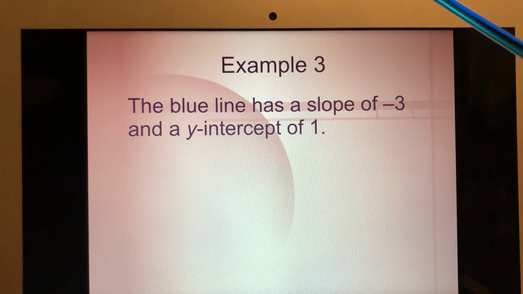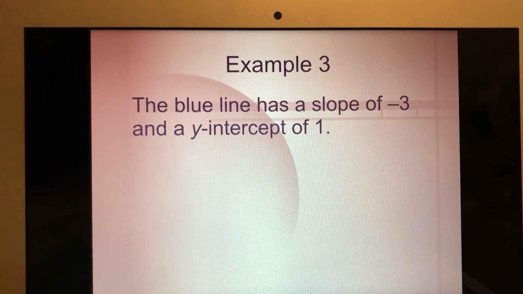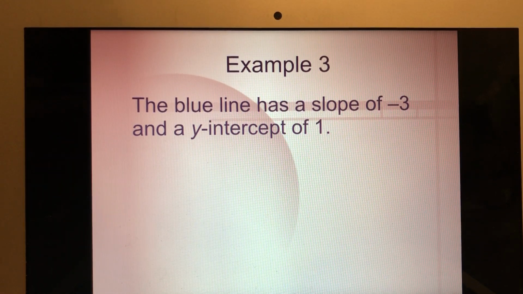All right, in our next example here, okay, there we go. If you take a look on page 320, example 3, okay, we've got a blue line and a red line.